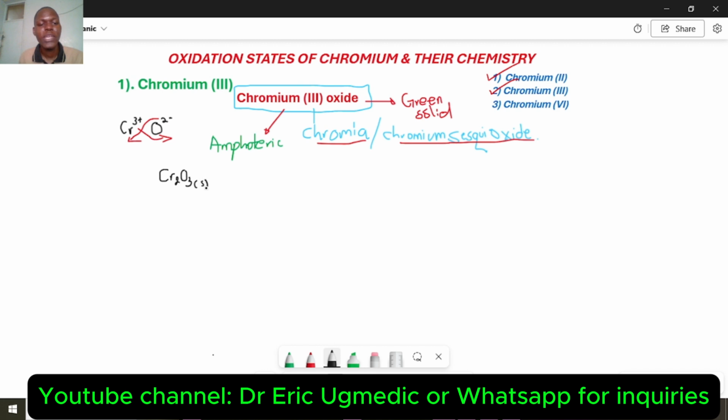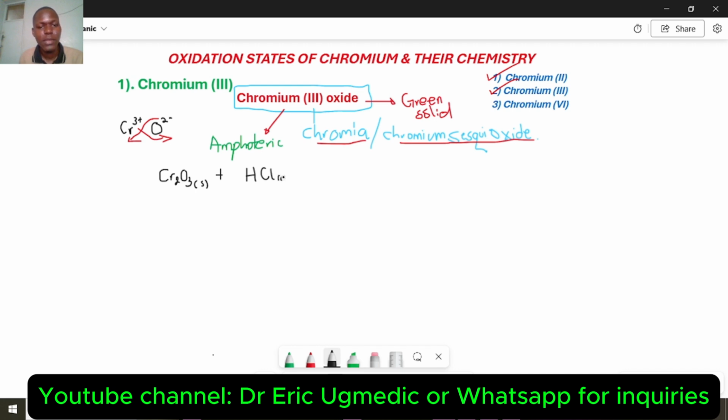And how will it react with acids? With acids, an example of concentrated hydrochloric acid, it will react to form chromium 3 salts, and in this case it will be chromium 3 chloride and water.